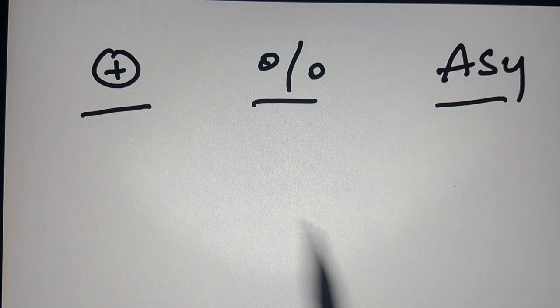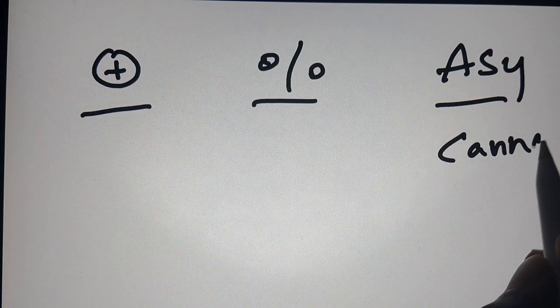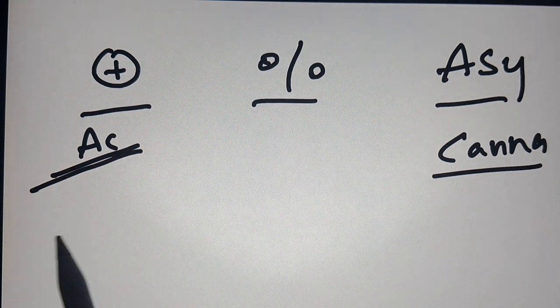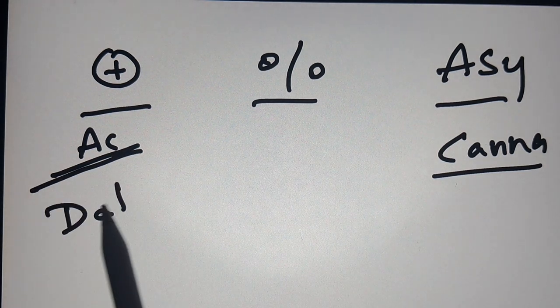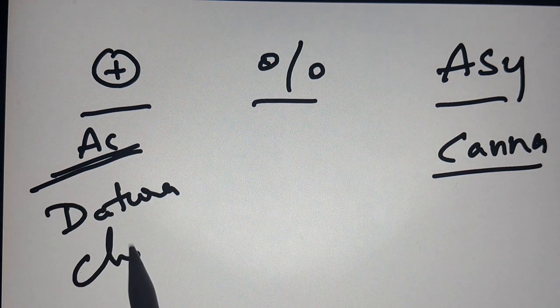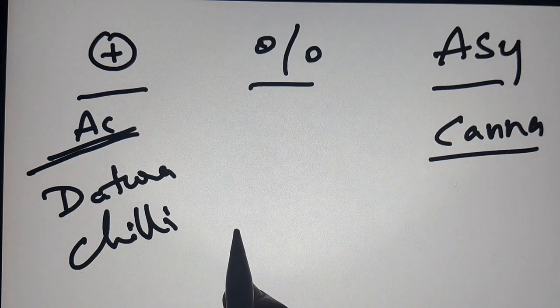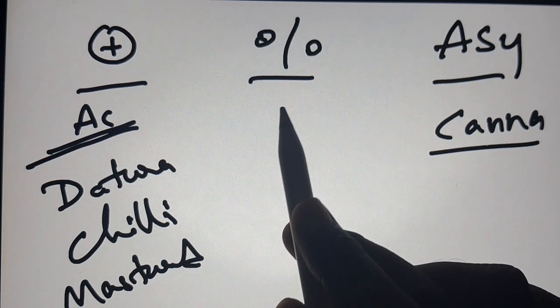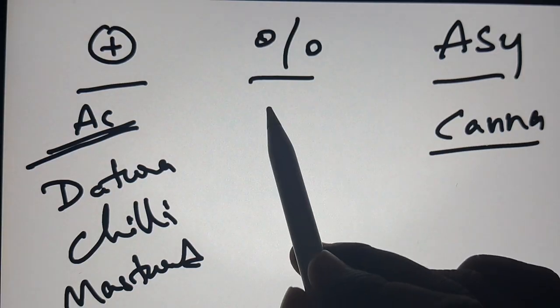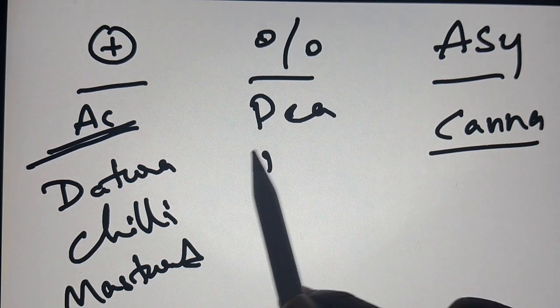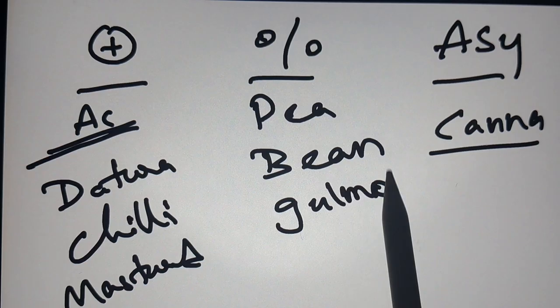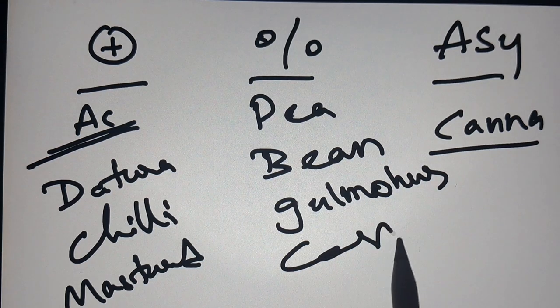And what are the examples? Canna is the example of asymmetric, and actinomorphic examples are datura, chili and mustard. But zygomorphic examples are pea, bean, gulmohar, cassia.